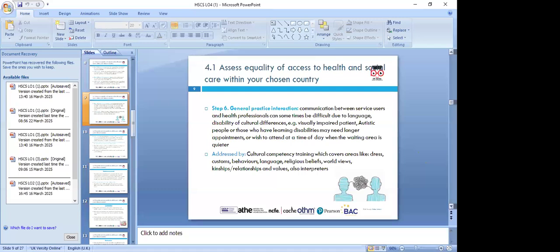Of course, if you go to an A&E, the place may be quieter at weekends than during the weekdays, or the other way round. So there are timings when the booking system may be quite minimal.